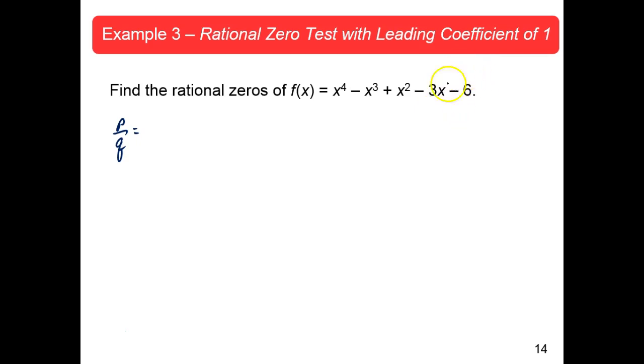The constant term. And what is your constant term? Negative 6. So all the possible factors of that, and remember, use all your signs. They can be plus or minus. What are the possible factors of 6?